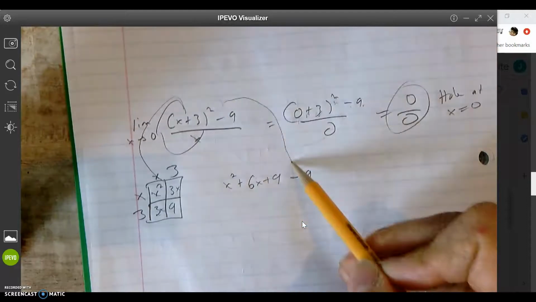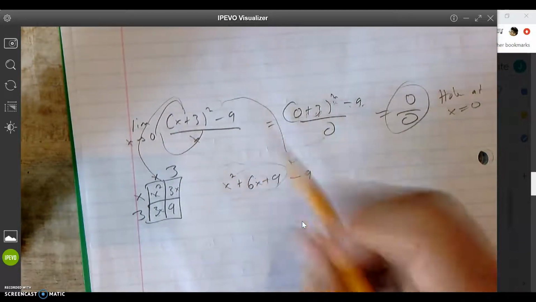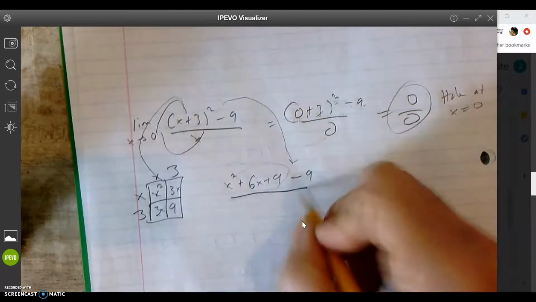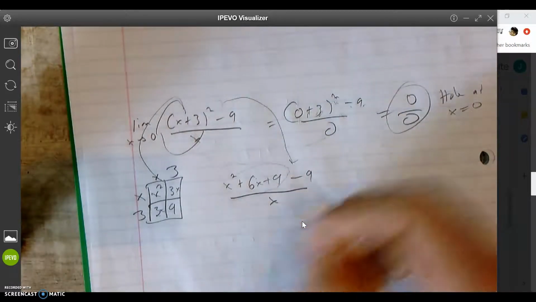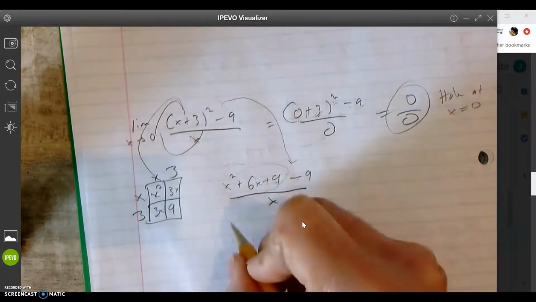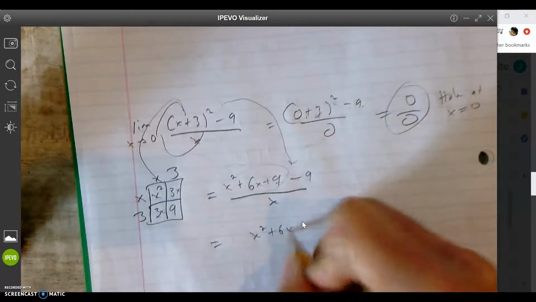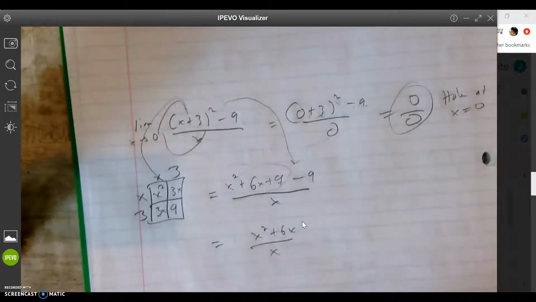Bring that minus 9 down here. So this is the box method, and then I'm just bringing the negative 9 down over x. Now 9 minus 9 is 0. So this equals x squared plus 6x over x.